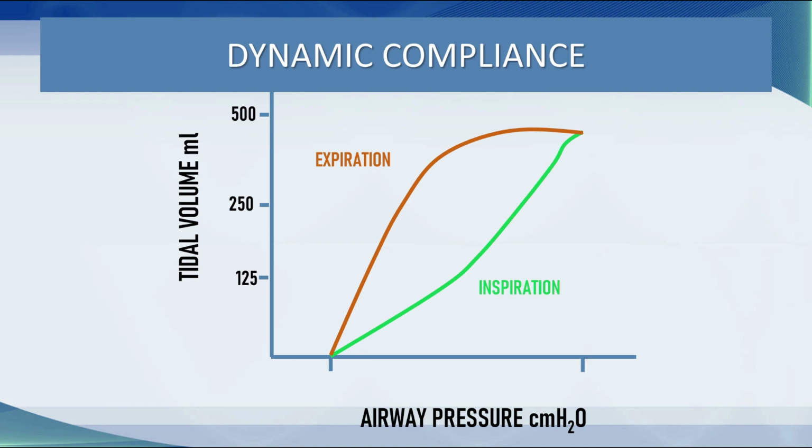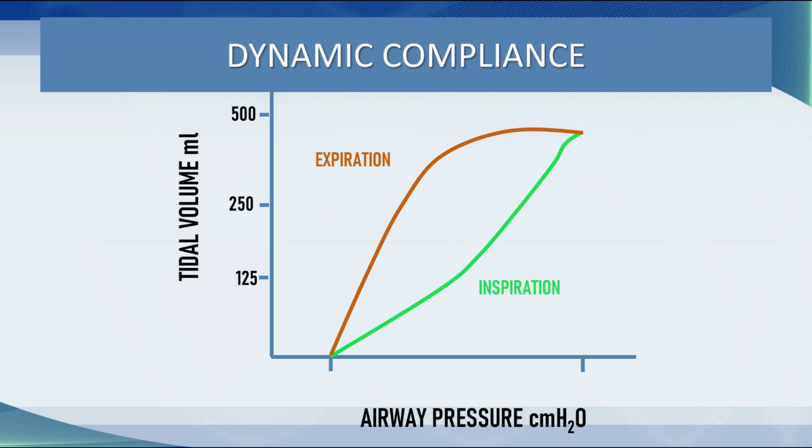We also tend to measure it dynamically, meaning during an active breath when the machine is driving gas into the patient's lung, rather than statically where the patient must be paralyzed and measurements made sequentially with a super syringe.